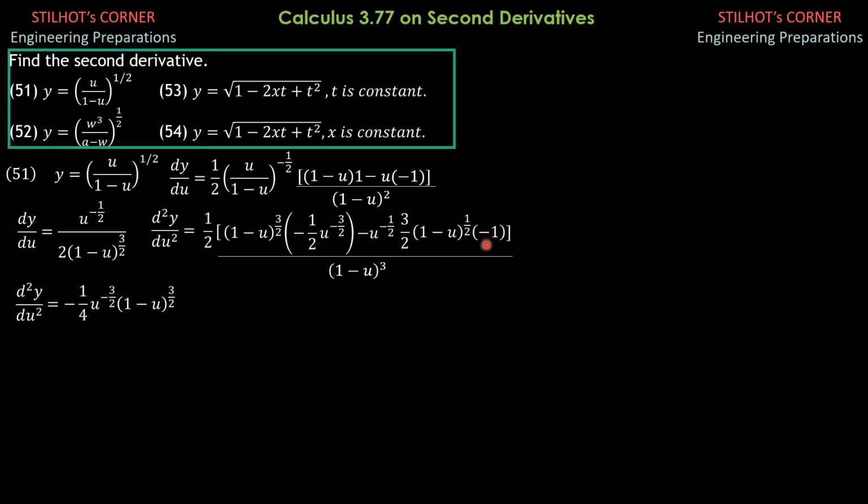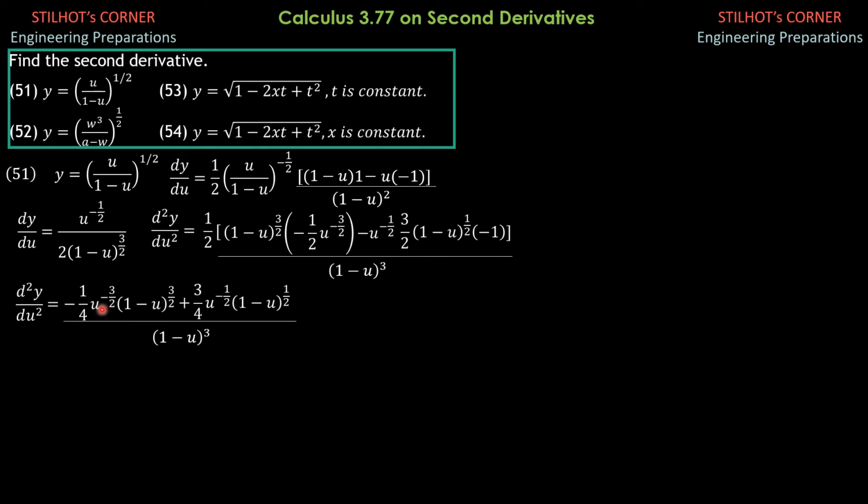Then this is positive, 1 half times 3 halves is 3/4. 3/4 of u to the negative 1 half, then 1 minus u to the 1 half, all over 1 minus u quantity cubed.